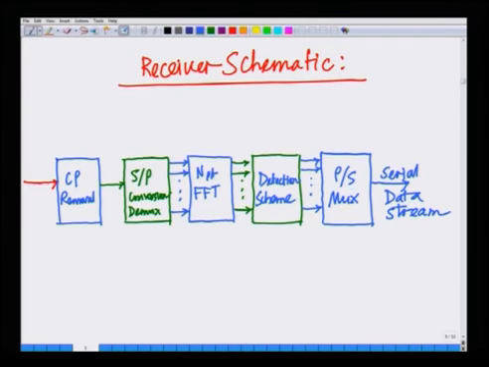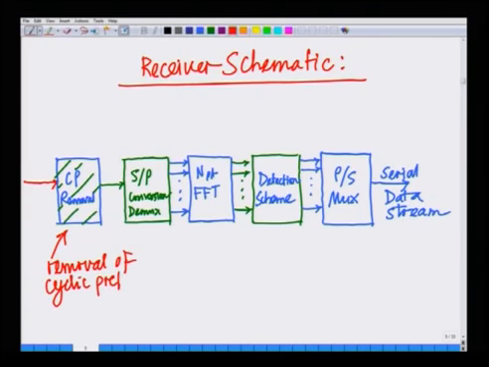And there are two new blocks which we haven't seen before. One is this cyclic prefix removal. This block is removal of the cyclic prefix as it is subjected to ISI.